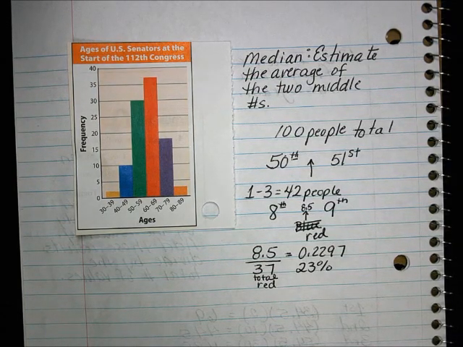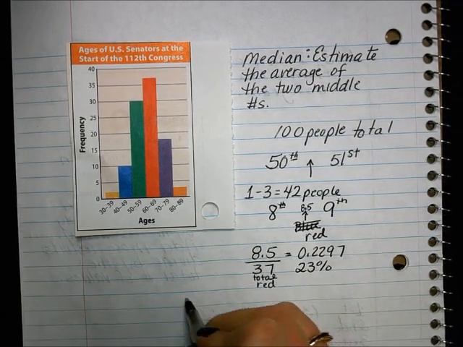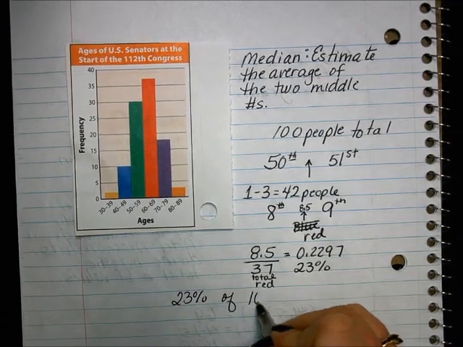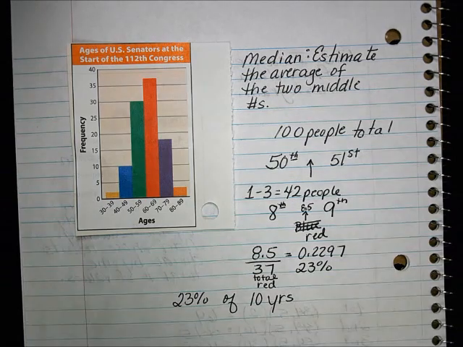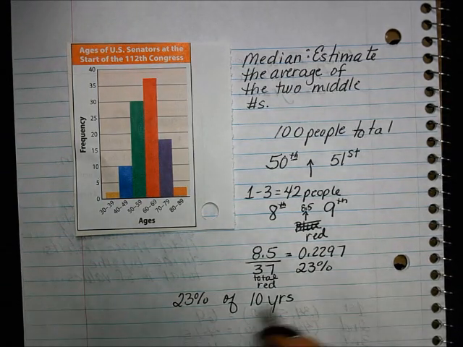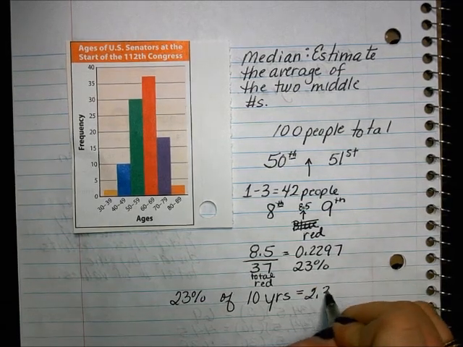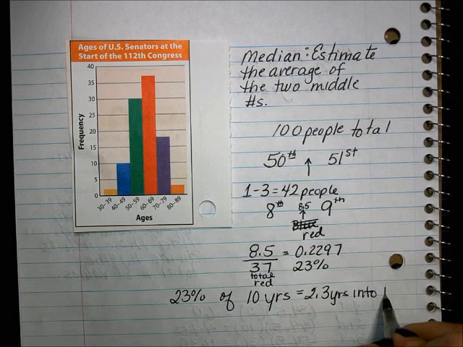So we have to figure out what age that would be. 23% of 10 years, because that's how big the red is. Red is 10 years. 23% of 10 years is 2.3 years into the red.